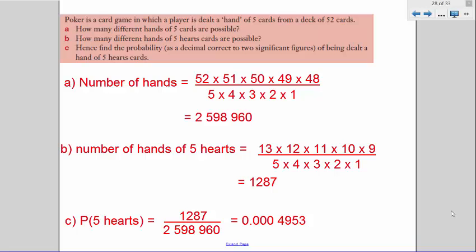Writing this correct to two significant figures means that we ignore the zeros at the start. So the first significant figure will be 4. We're looking at 49 because we want two significant figures, but the 5 coming after the 9 makes that go up to 50, so our answer will be 0.00050 to two significant figures.